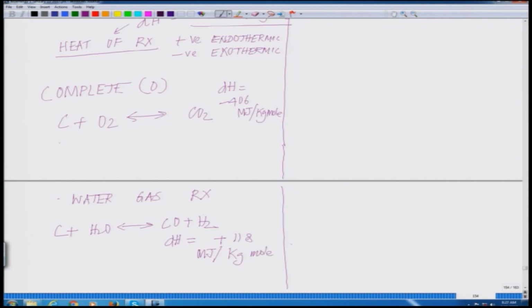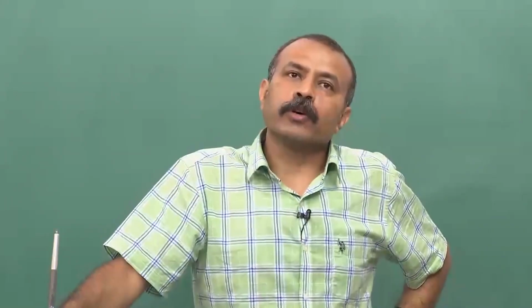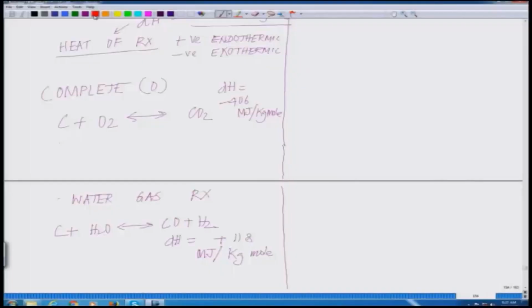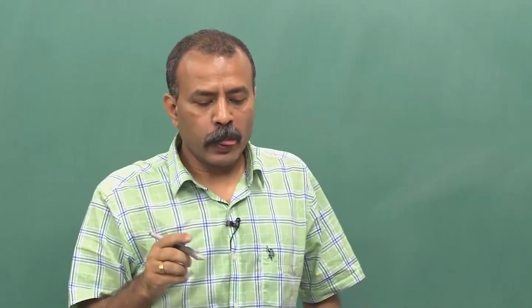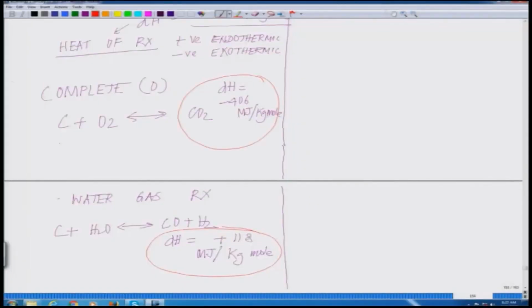If you compare the three reactions, in the presence of the water gas reaction the reaction becomes endothermic, absorbing heat energy, whereas these two reactions are exothermic, and the biggest exothermic reaction is this one, which is minus 406 megajoule per kilogram mole.